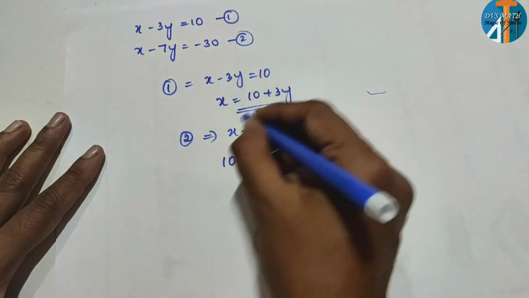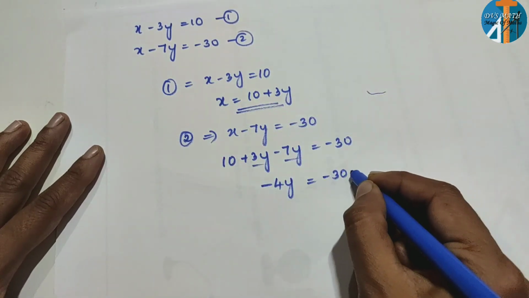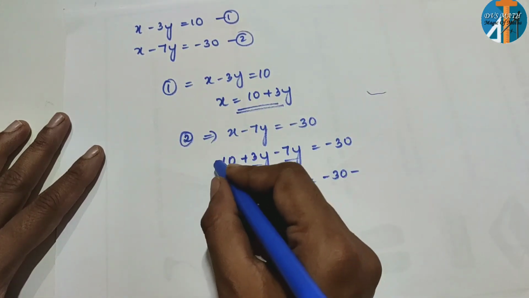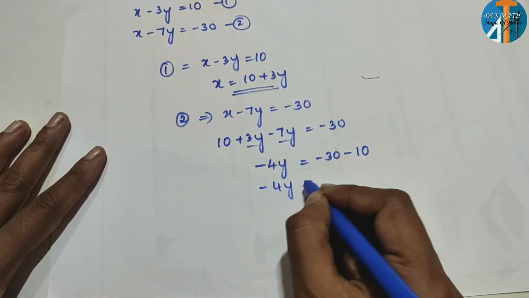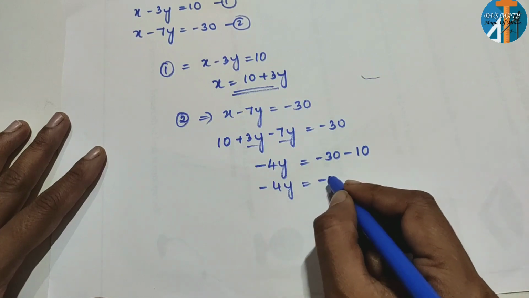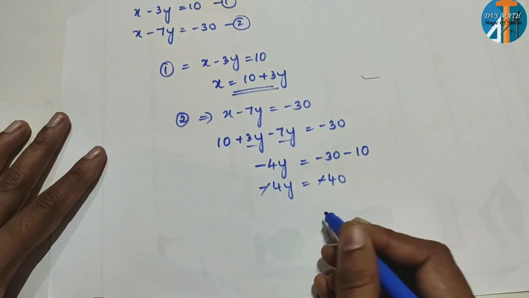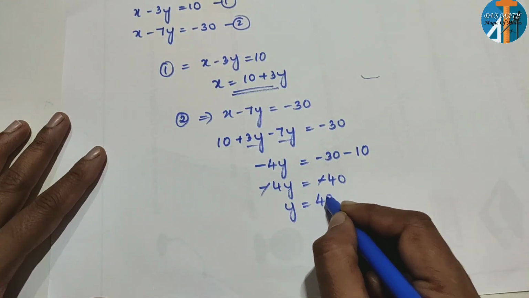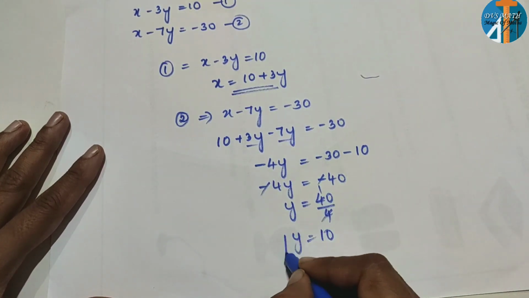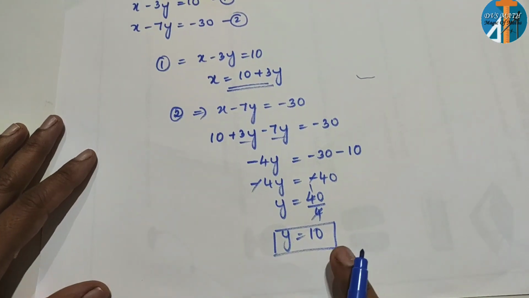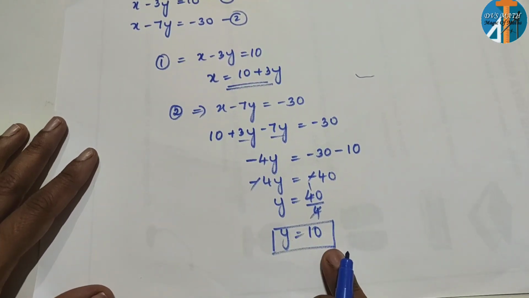Now let us take 10 to this side. So minus 4y is equal to minus 30 minus 10, that is minus 40. The minus signs cancel, so y is equal to 40 by 4, which is 10. So the age of Jacob's son is 10 years.